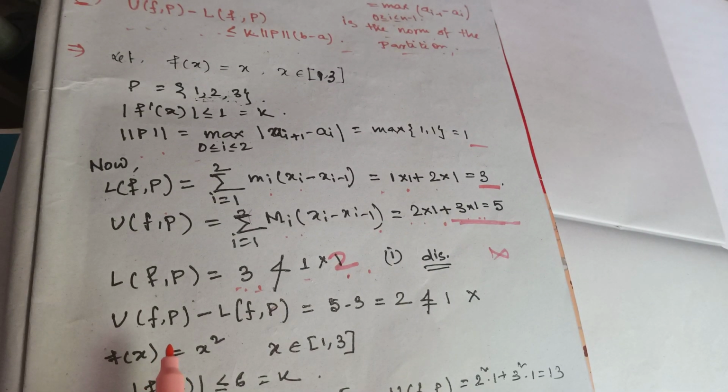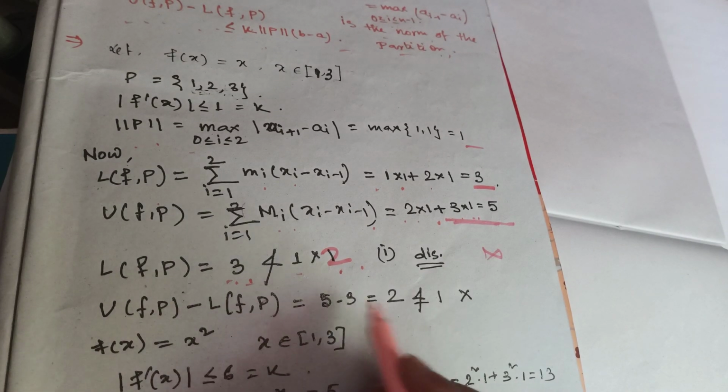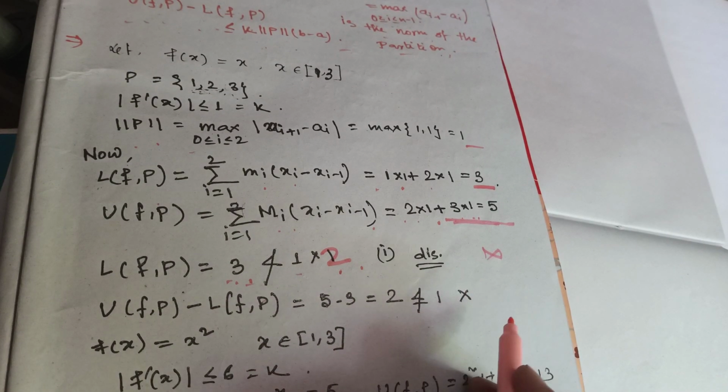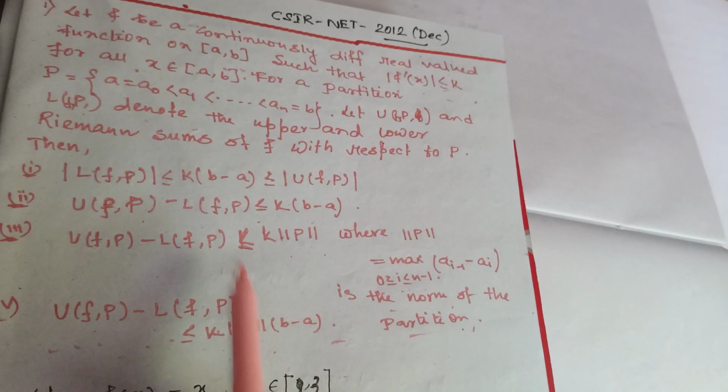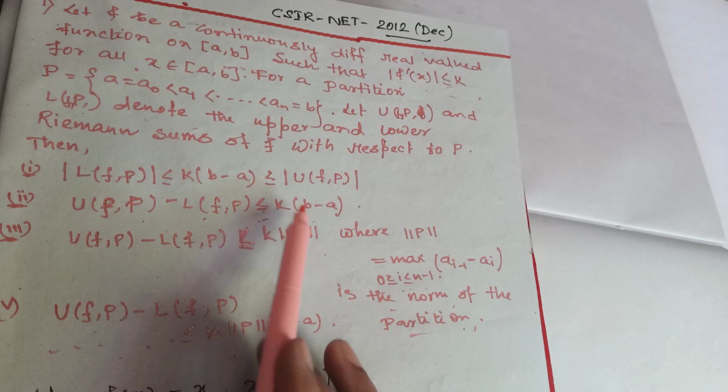The second option says that U(f,P) minus L(f,P) equals 2, not less than or equal to 1, so the second option is also discarded, because it says U(f,P) minus L(f,P) is less than or equal to K(b - a).